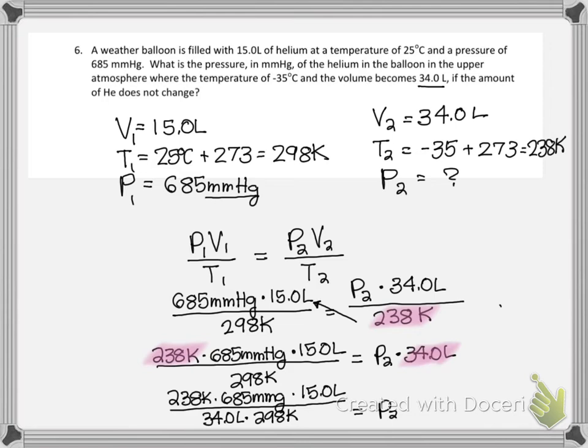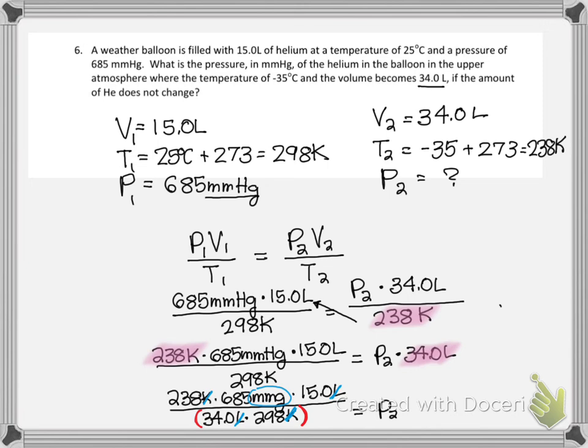One thing I would encourage you to do is, when you plug it into your calculator, you need to have parentheses around this, because you want to multiply those two numbers before you divide. The other thing we can see happening is how the units cancel. Kelvin cancels with Kelvin, liters cancel with liters, and what I have left is millimeters of mercury, which is a pressure. So I will have 238 times 685 times 15, multiplying all the numerator.